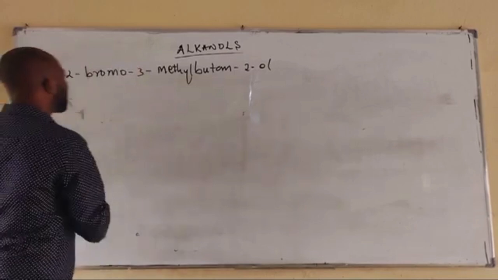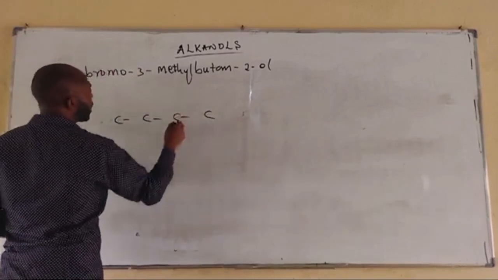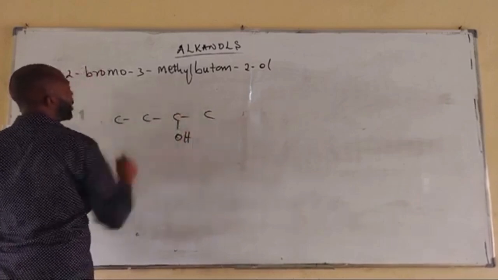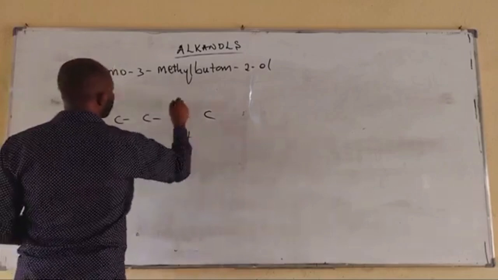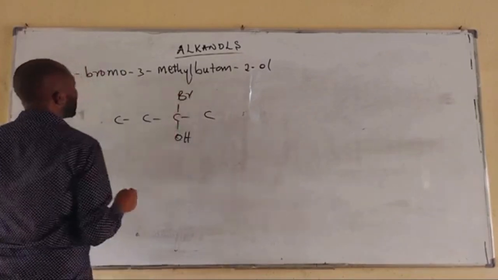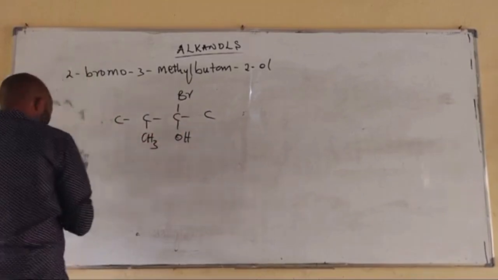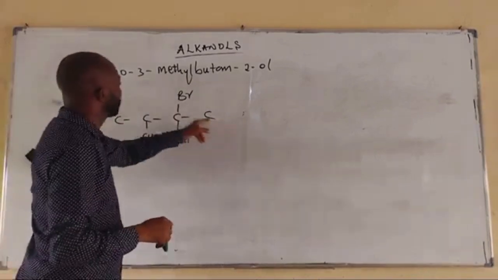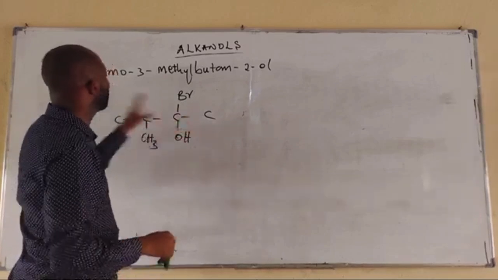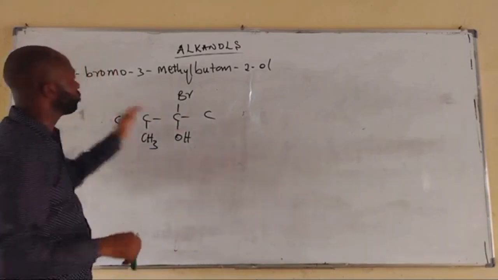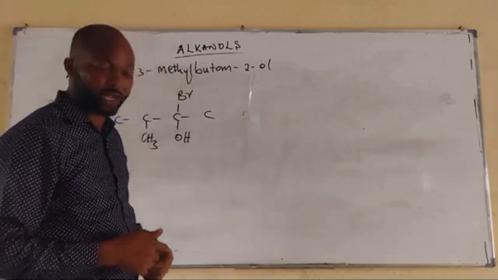So they have given us butane. 1, 2, 3, 4. Butan-2-ol. So OH is in carbon 2. From here, that is what it means. Then 2-bromo will also be here. Bromine will be here. 3-methyl, 1, 2, 3. Yeah, CH3. So this is 2-bromo, 3-methyl 2-butanol, or butan-2-ol. So that is just it. They say we should write the structural formula of that.